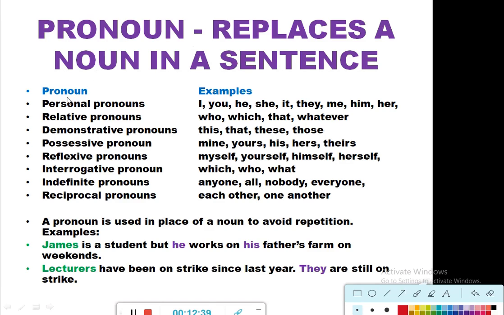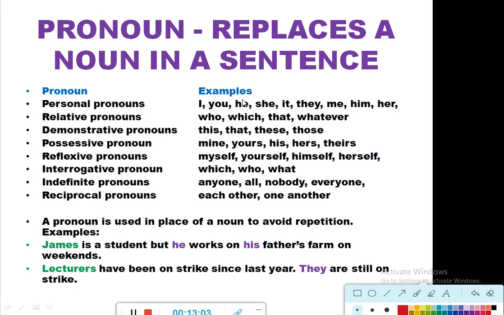And so let's look at pronouns and examples. We have different types of pronouns. The personal pronouns are I, you, he, she, it, they, me, him, her. So I replaces the speaker. You replaces the listener.